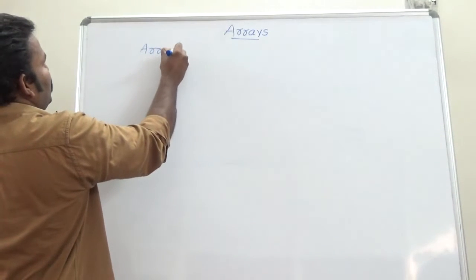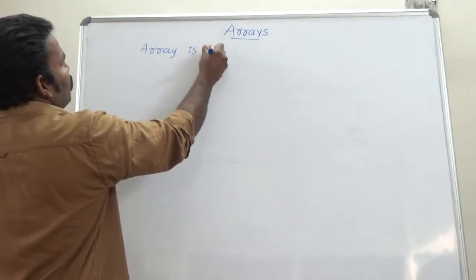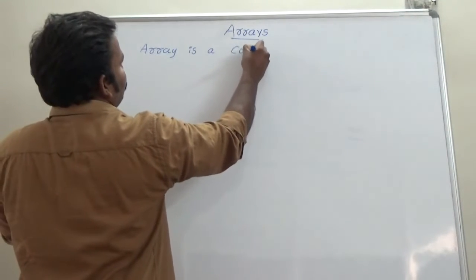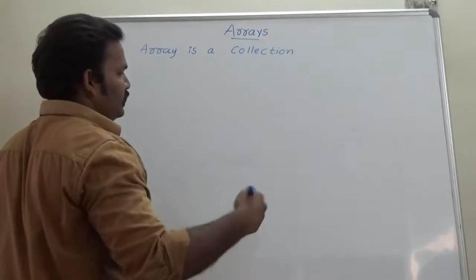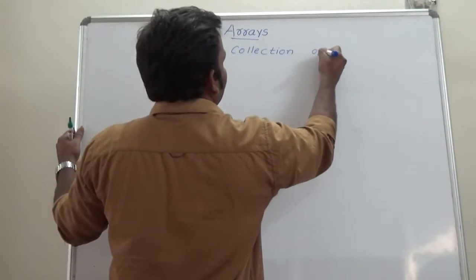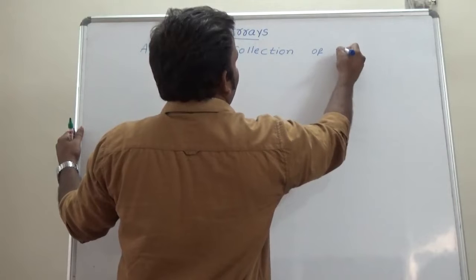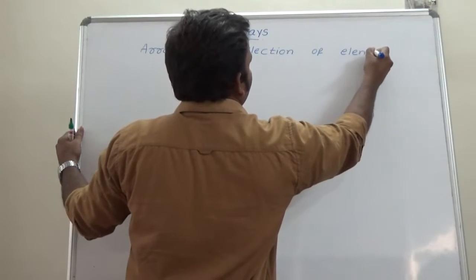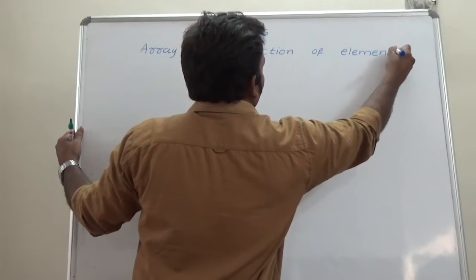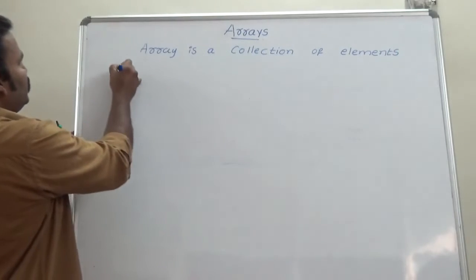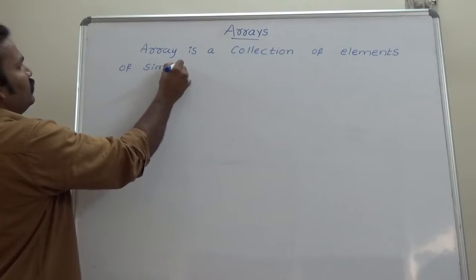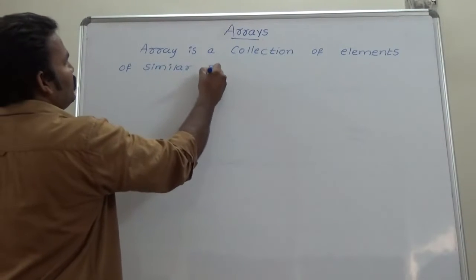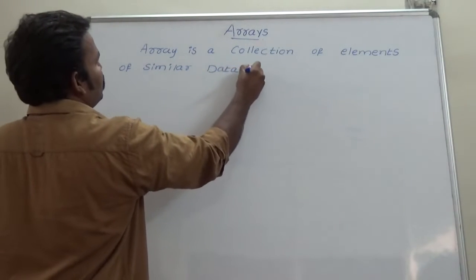So what is an array? Array is a collection of elements of similar data type.